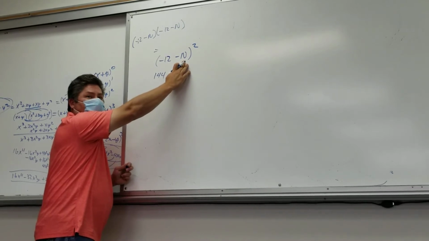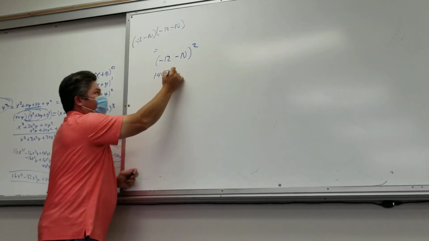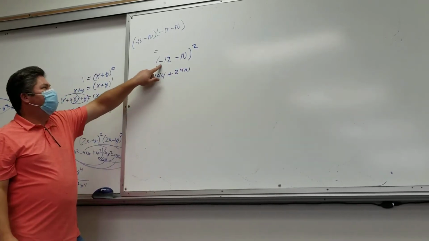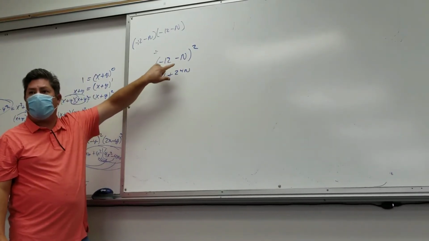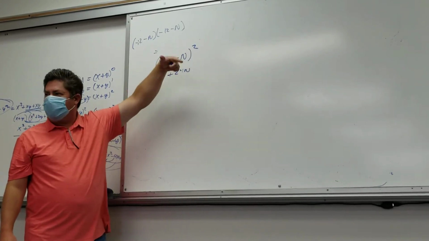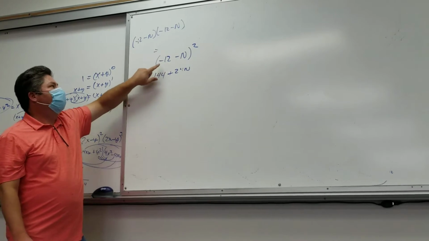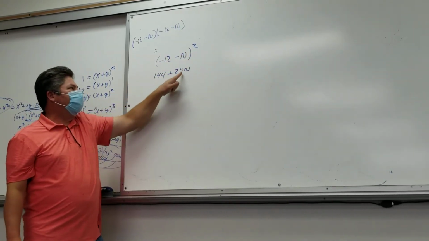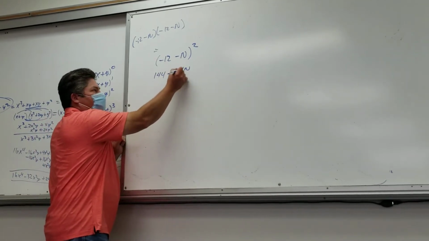Doubled, that's 24n. Everybody see that? That's the hard part of this. First term times second term, negative 12 times negative n. Then I double it. I always use that too as just kind of a reminder to double it. But negative times a negative is a positive. 12n doubled is 24n. Okay?